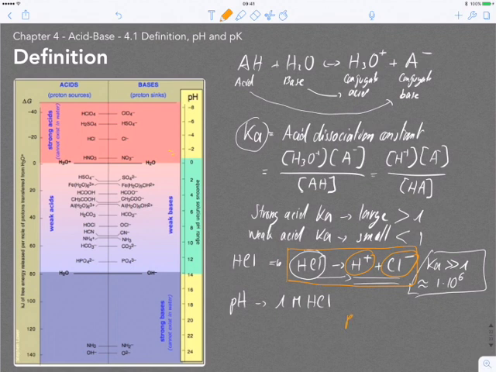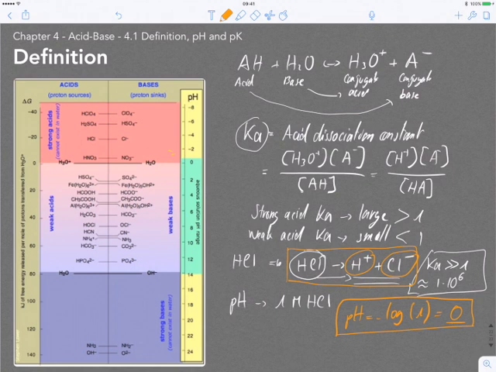That means that the pH will be equal to minus the log of 1, which is 0. The pH of any solution of 1 molar of a strong acid, you name it, sulfuric acid, hydrochloric acid, will give you a pH of 0, one of the lowest pH you can have.